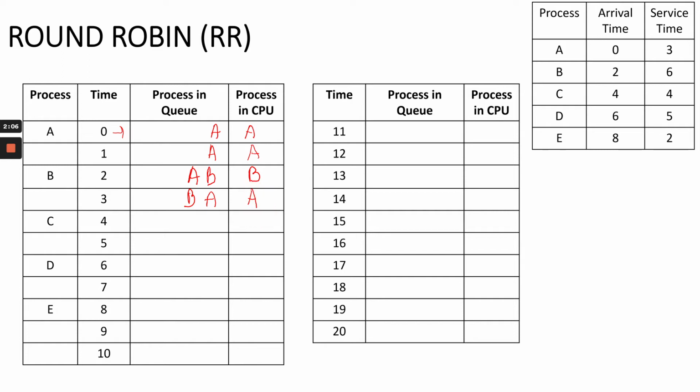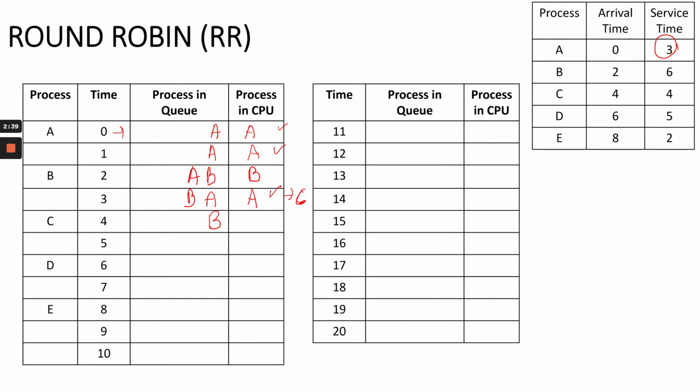Now, the service time for process A is 3, so process A has completed its service time and now completes its execution. Since process A has completed, it will be terminated and no longer be in the queue. So now the only process in the queue is process B.